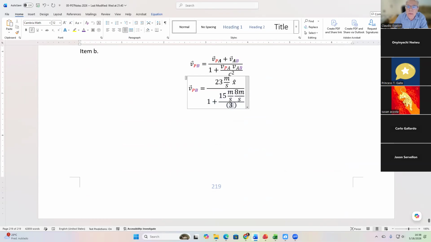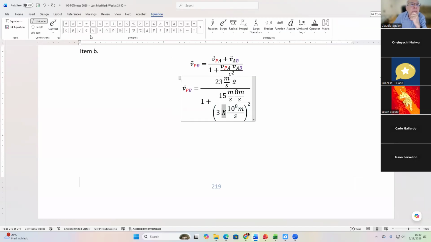So it's 3 times 10 to the 8 meters per second, and raised to the power of 2. I'm going to change this to the multiplying sign.